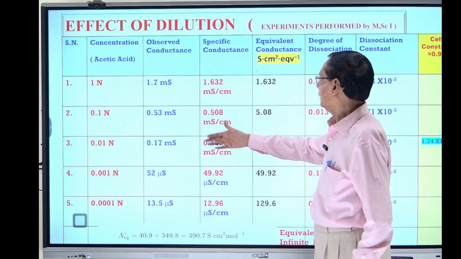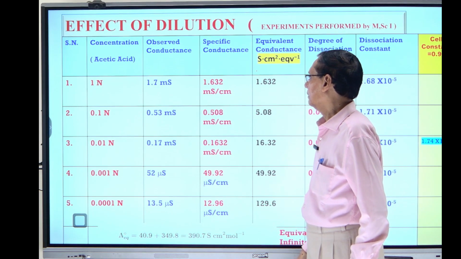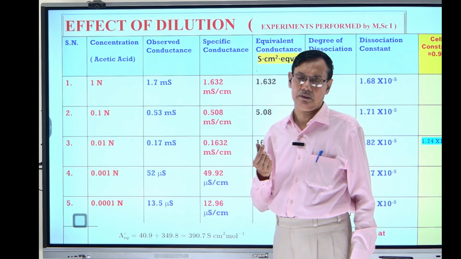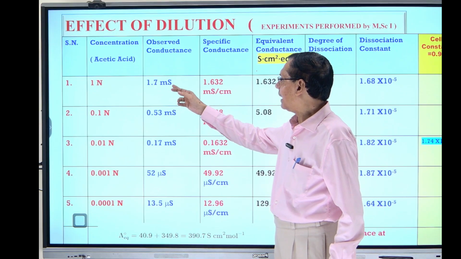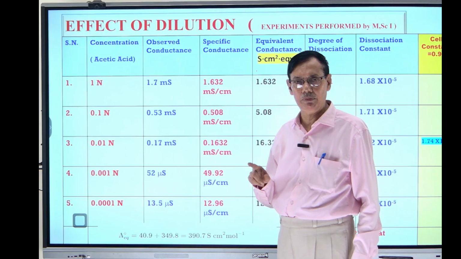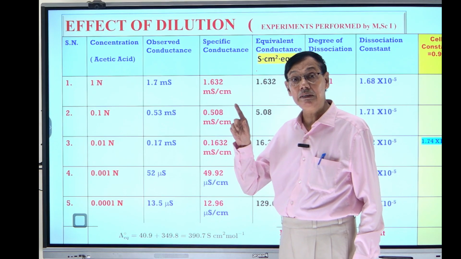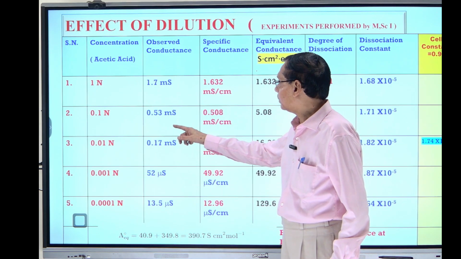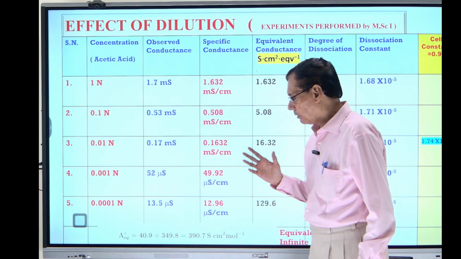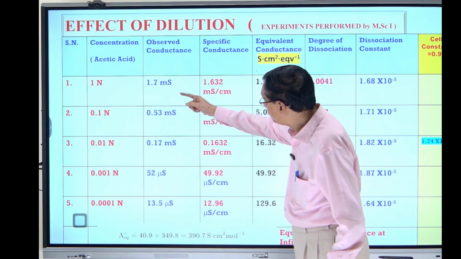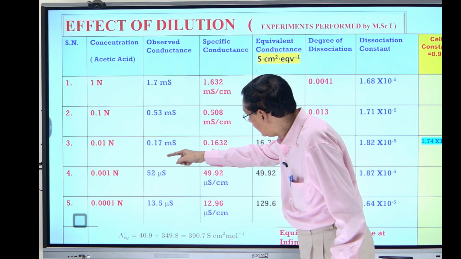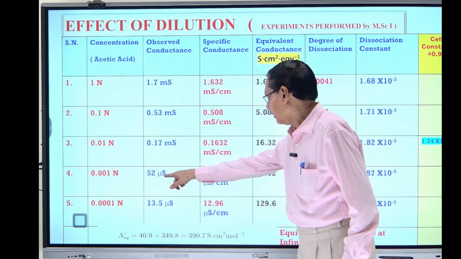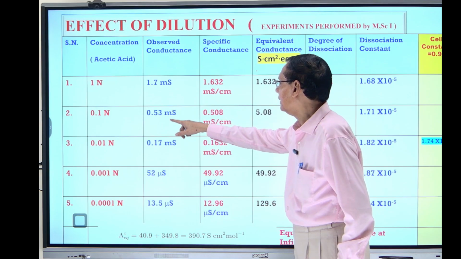So the same thing I have seen here, because you know that the values of specific conductance are very small. Like I am taking microsiemens, that is 1.7 into 10 to the power minus 3 microsiemens. But what is your observation? Here also धीरे धीरे it is decreasing. This is millisiemens.